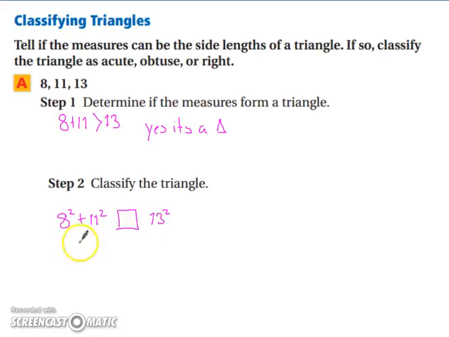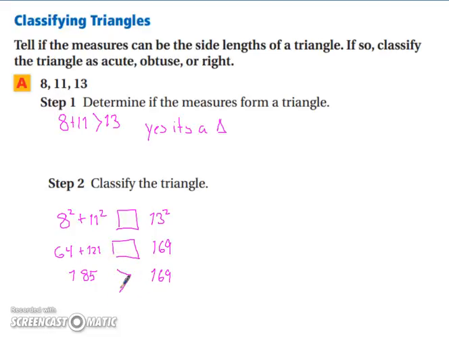So, well, now we can start simplifying. We have 64 plus 121. Still have no idea. And then we have 169. Well, 64 and 121 together make 185. And we still have 169 on this side. 185 is larger.